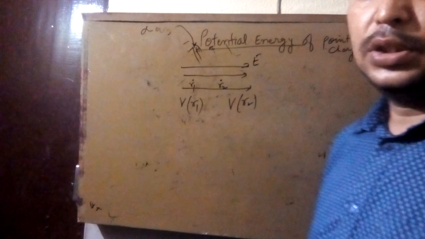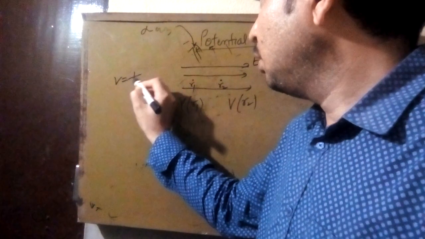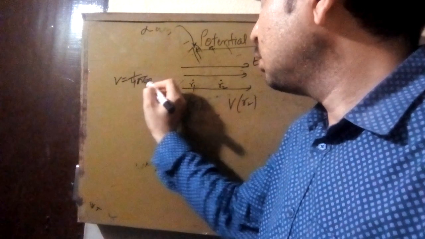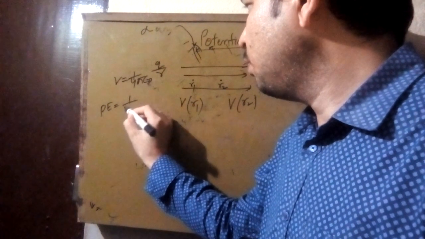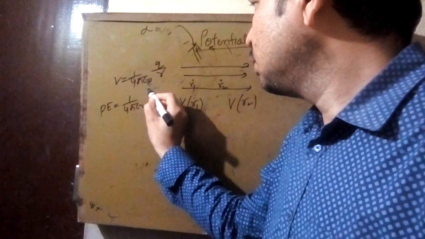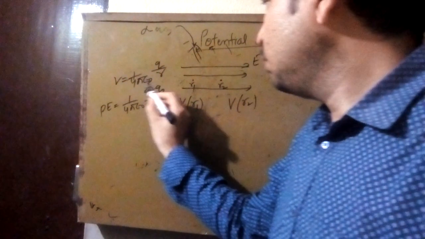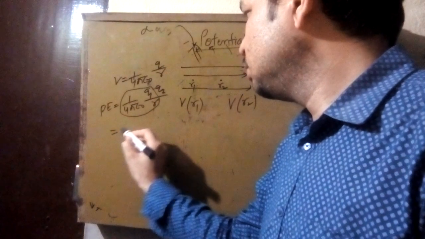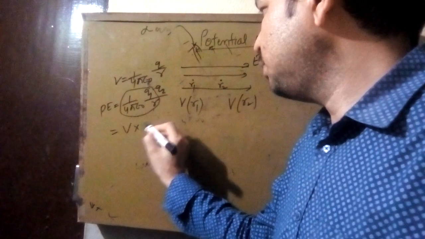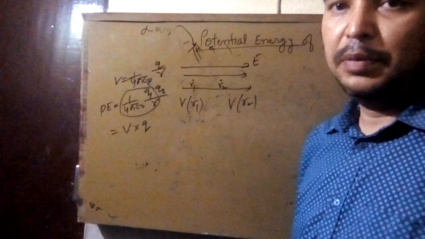Now we had discussed in the earlier class also what the potential formula is: 1 by 4 pi epsilon naught Q by R. And what is the formula for potential energy? 1 by 4 pi epsilon naught Q1 Q2 by R. So if you see, students, this is the formula for potential and this is the charge. So potential energy is the potential times the charge which you are placing at that point.